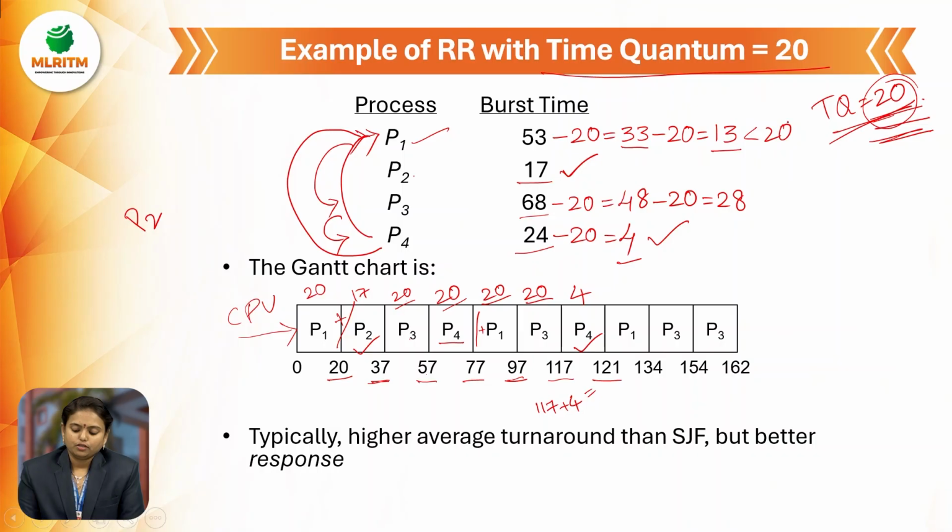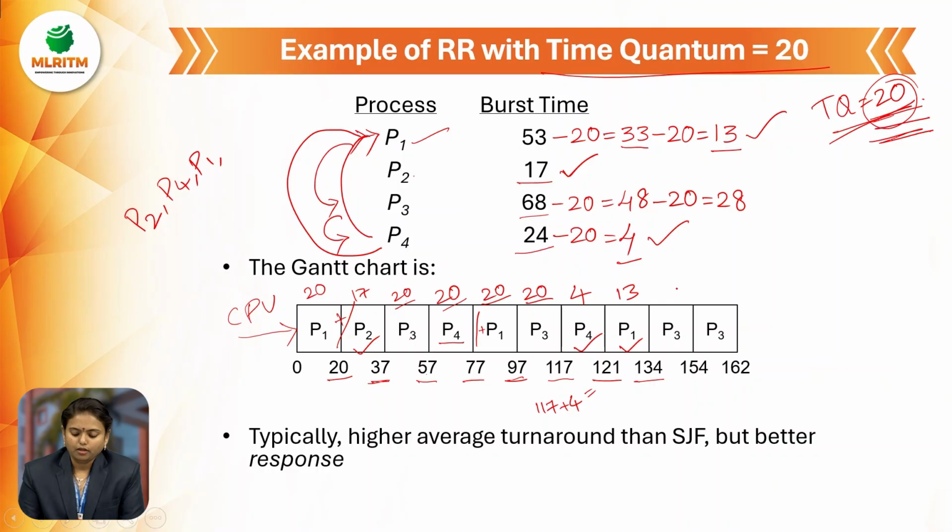So process 1 will execute here itself. Burst time 13. 121 plus 13, that is 134. Okay. P1 is executed. Here P4, then P1.